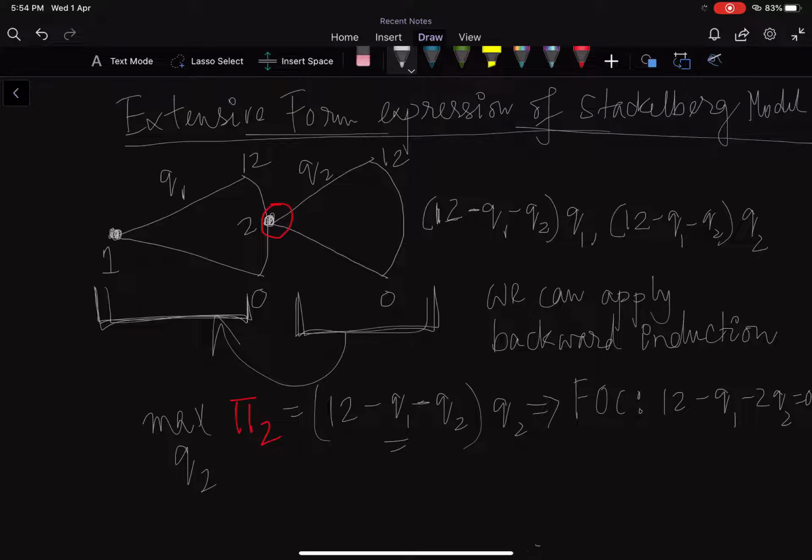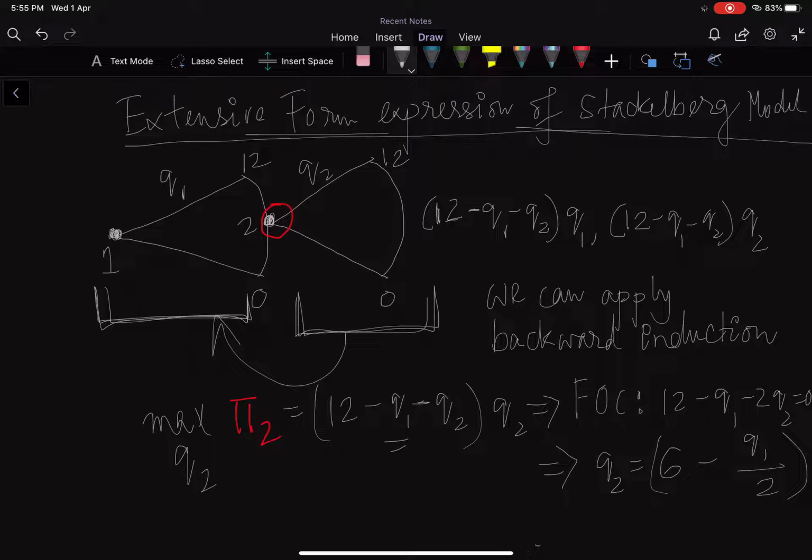From this you would get that q2 equals 6 minus q1 by 2, right? So that's the best response function of the second firm. This is the optimal decision of the second firm.